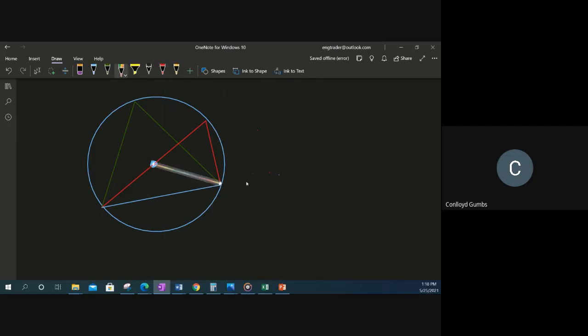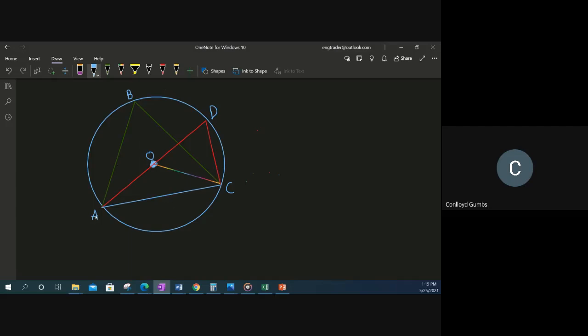Okay, so let's give it some letter names now. Let's call this A. Let's call here B. You're going to call the center O. You're going to call this point C. Let's call here D.